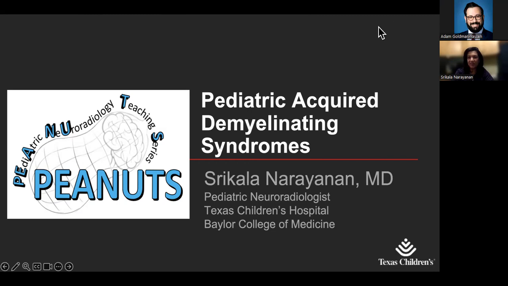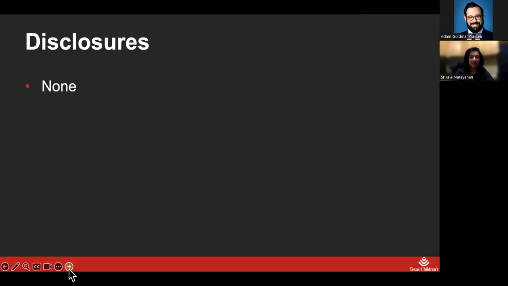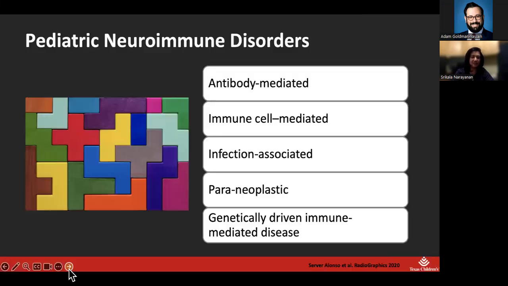I'm going to talk about pediatric acquired demyelinating syndromes, and I have nothing to disclose. Before we start talking about the more specific acquired demyelinating syndromes, I wanted to touch base briefly on the broader spectrum of pediatric neuroimmune disorders.